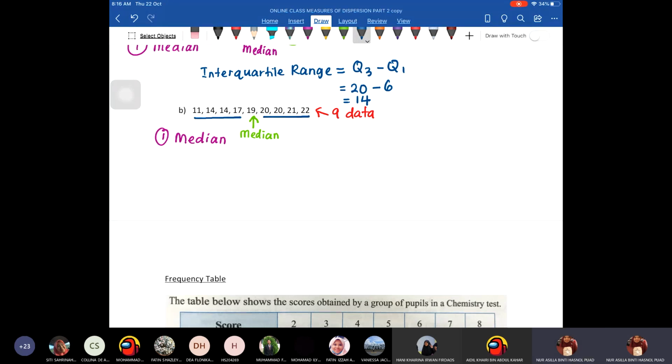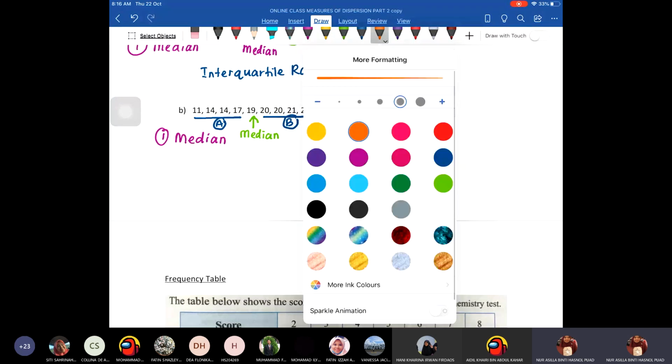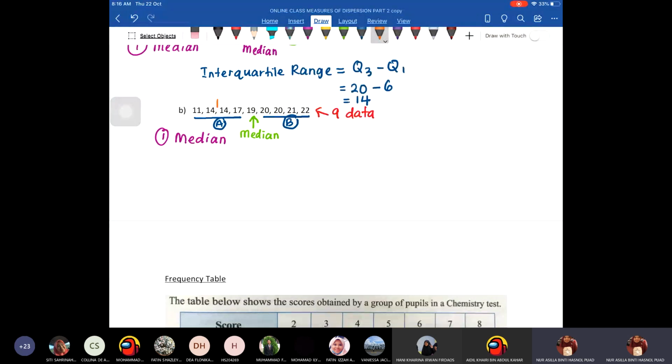If you look, in my A and my B, we have 4 data. So the middle is actually in between 2 data.